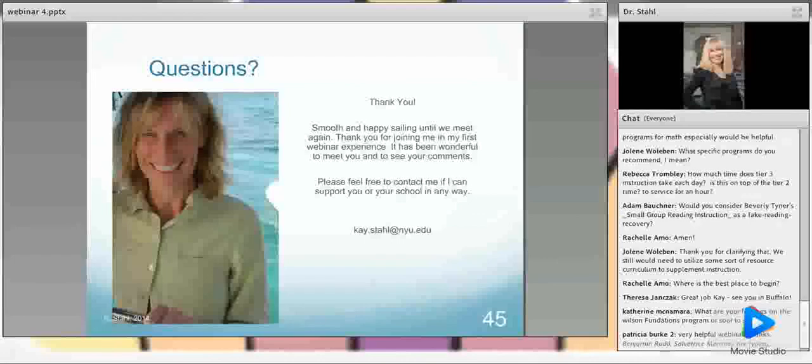And Denise, same thing in terms of your question. What is a reasonable time frame to expect results in a targeted skill during Tier 2? Well, it depends on what the skill is. If it's a phonics skill, those foundational skills should happen with some very explicit instruction.